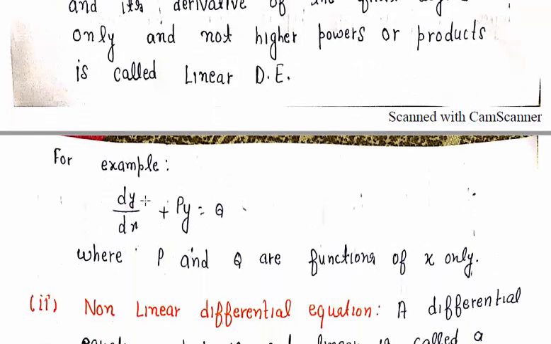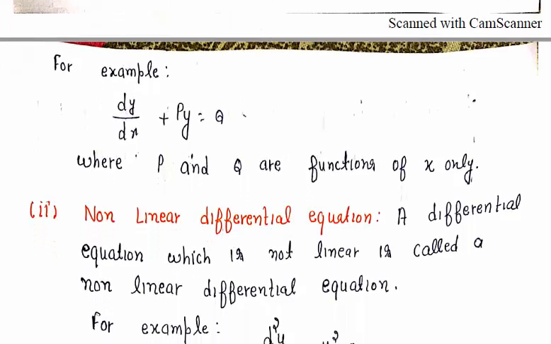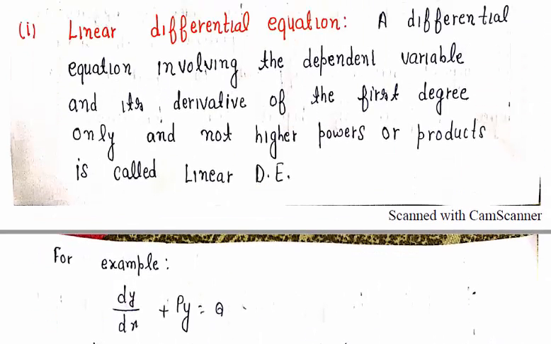So this is one of the standard forms of the linear differential equation, dy over dx plus py equals q, where p and q are functions of x only.